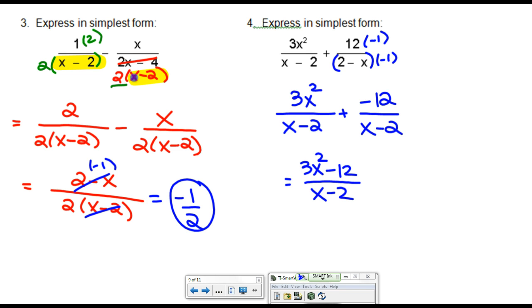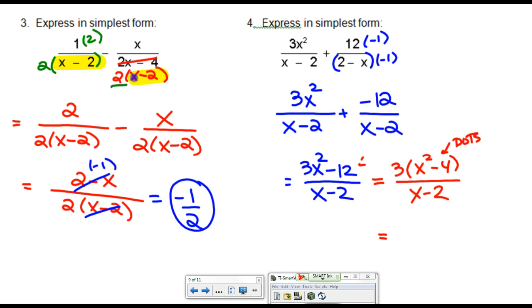When you do a plus negative, it's just going to be a negative. All right, make sure to factor completely. This is now a difference of squares.